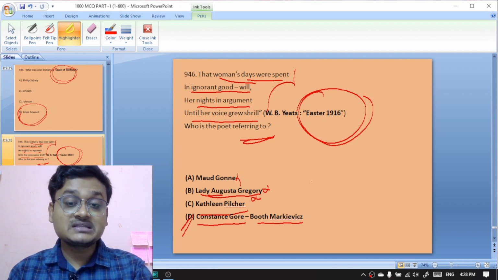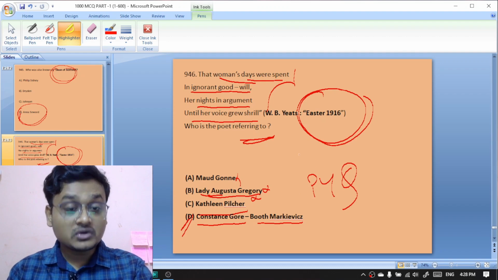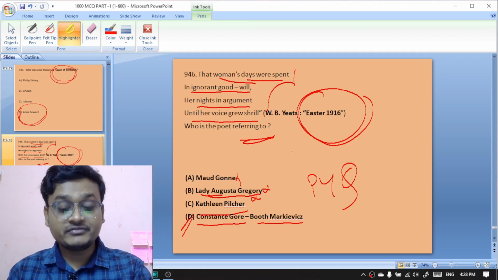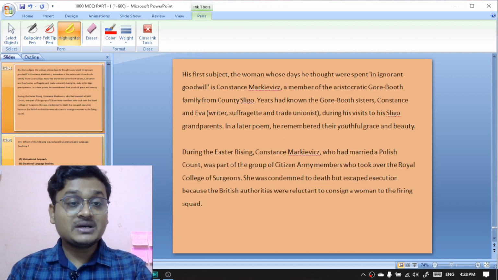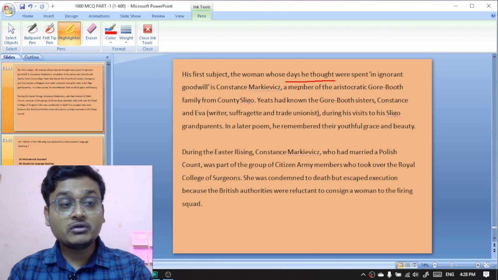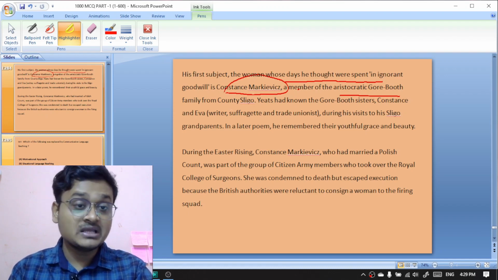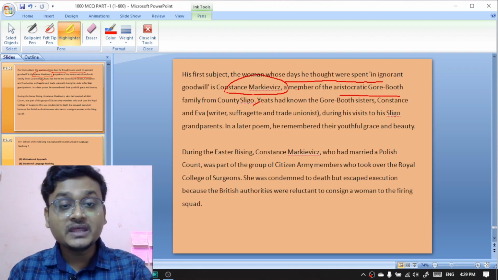So here it's a PYQ question. Constance Gore-Booth Markievicz is the one. Its first subject, the woman whose days he thought were spent in ignorant goodwill, is Constance Markievicz, a member of the aristocratic Gore-Booth family from County Sligo.